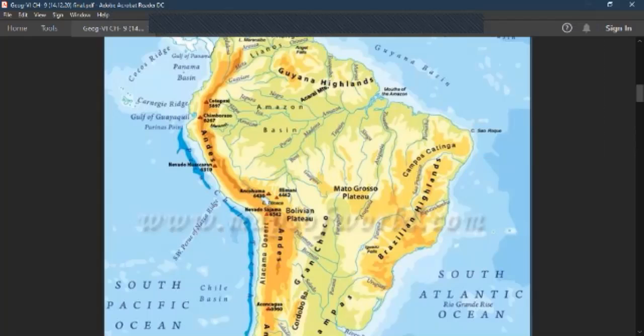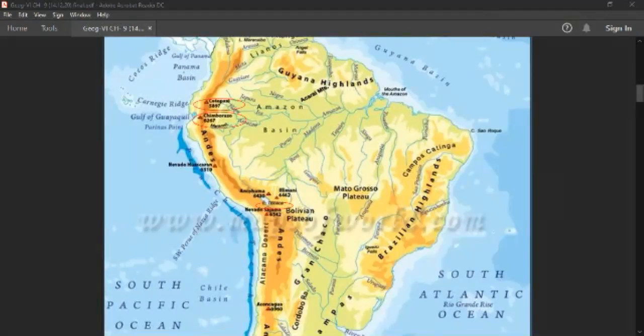Some other active volcanoes include Mount Chimborazo and Mount Cotopaxi. Lake Titicaca is the second highest freshwater lake found here.